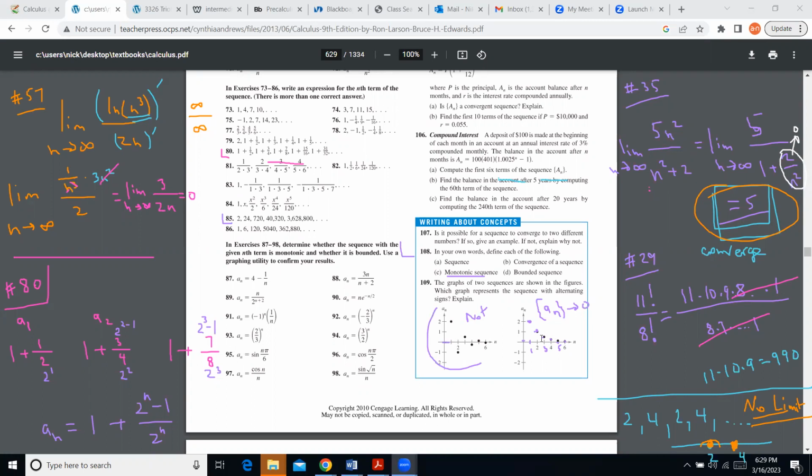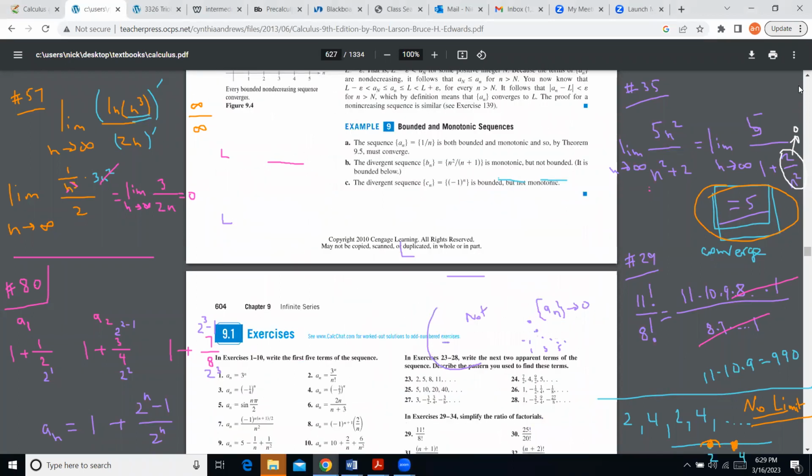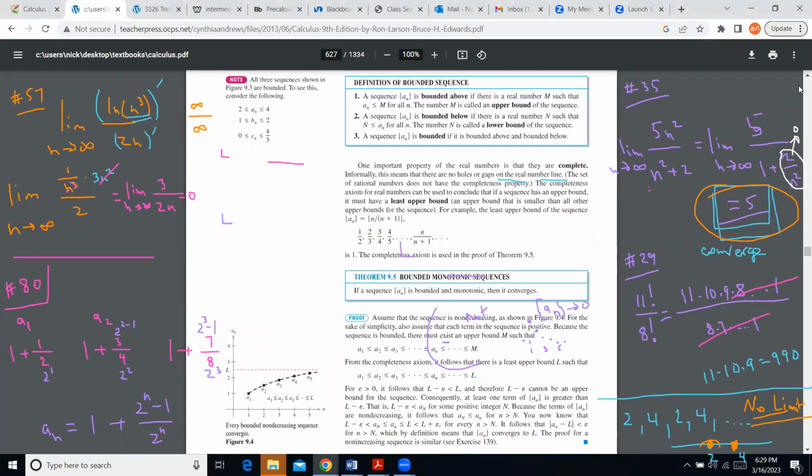So here's a very useful statement from analysis that says if a sequence is monotonic and also bounded, because there might be a monotonic sequence that is not bounded, it may get bigger, bigger, bigger, and there is no bound.